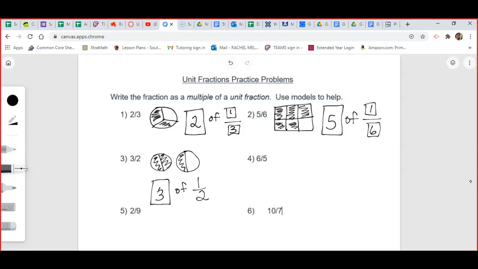All right, so now these next 3 we're going to do without a model. Looking at 6/5, how many pieces would I have? 6. Okay, 6 groups of what? 1/5. Very good. Does anybody have any questions before we do the last 2?